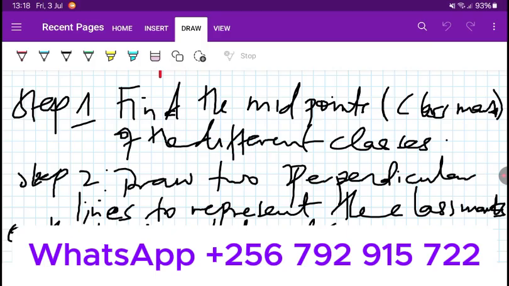And of course the last point is for us to plot the ordered pairs.